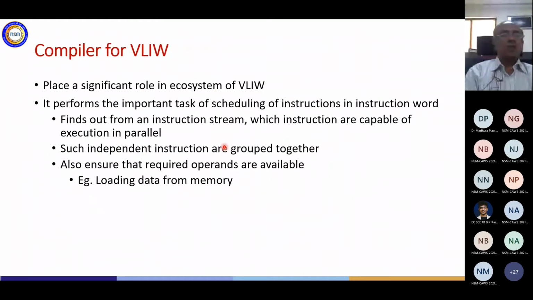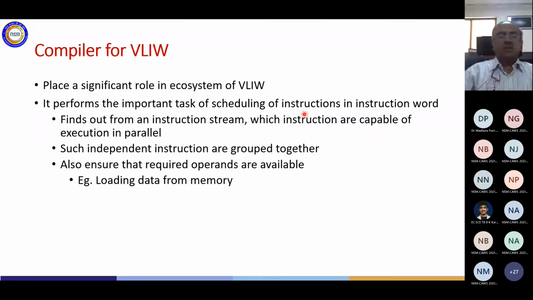So now let's see what the compiler does. The role of the compiler is very significant as compared to the superscalar. For superscalar, there is no change in the compiler from scalar to superscalar. What is the important task? It performs the important task of scheduling and packing instructions in one word.